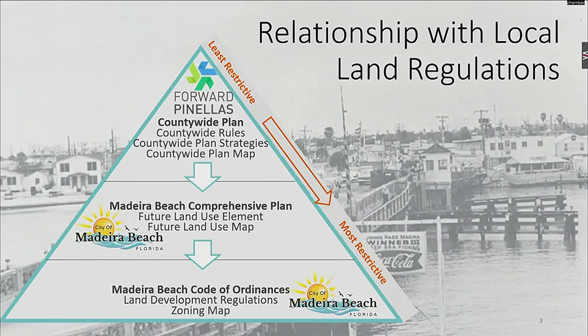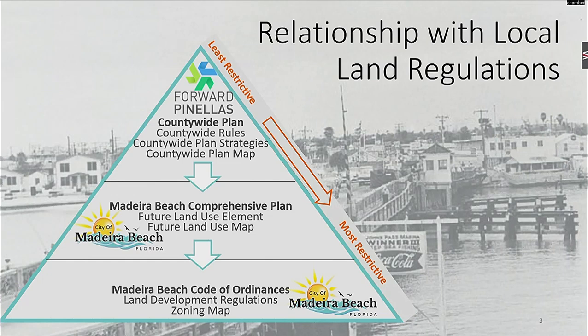A little bit of the relationship here with local land regulations. There are three things to keep in mind while we go through this presentation. We have Forward Pinellas. You can see that at the top of this graphic. Forward Pinellas has a countywide plan, and in that plan they have rules, strategies, and then they have a corresponding map.